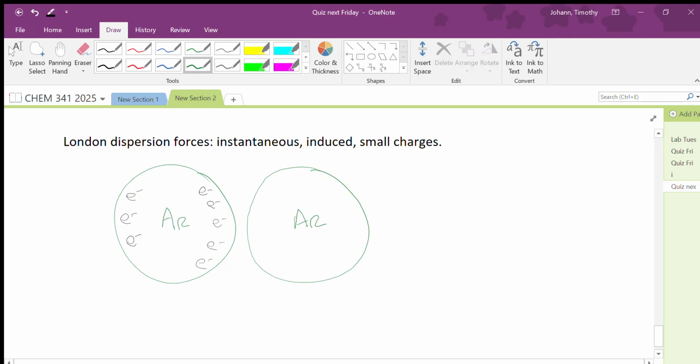If this argon atom snuggles up to another argon atom, let's say I have liquid argon, they have to snuggle up. What happens to the electrons in this argon? There's partial negative charge here, partial positive charge here. These electrons push those over to the other side.